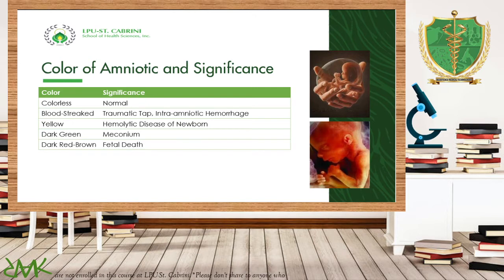Yellow amniotic fluid suggests hemolytic disease of the newborn. Okay? A dark green suggests meconium. Now, what is meconium? Meconium is the first fetal excretion of stool. That is a greenish stool, meconium.